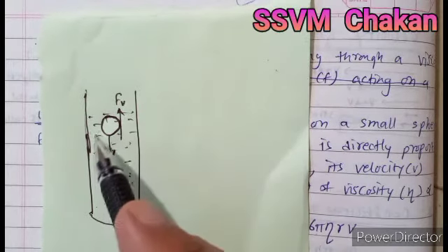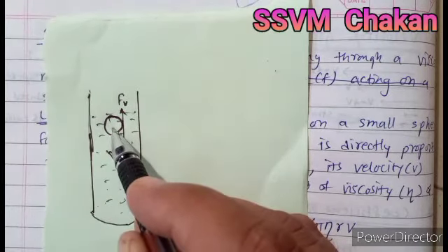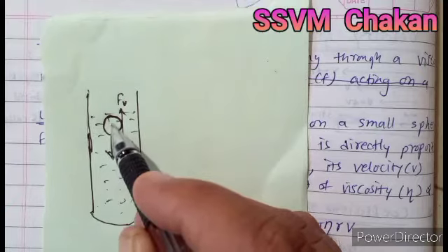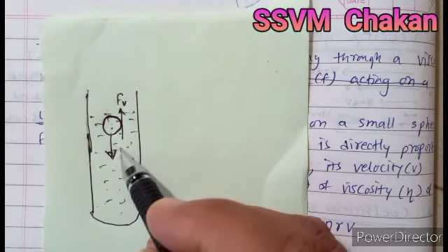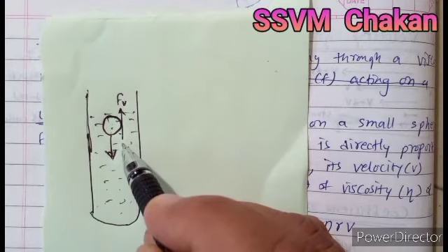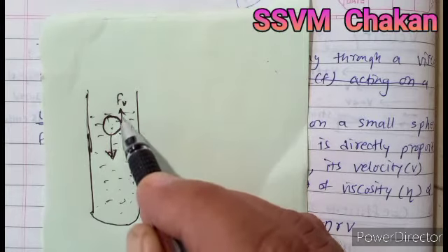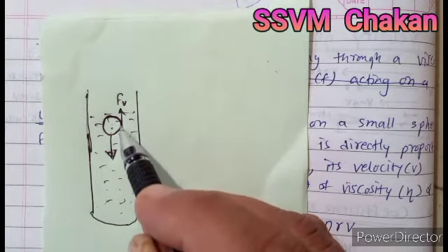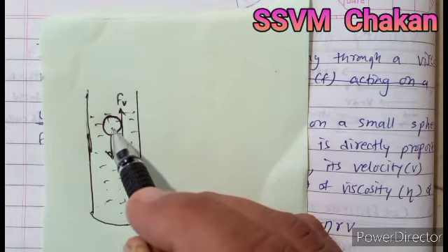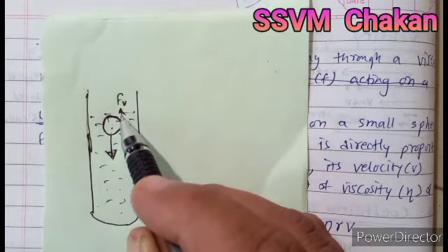If you take some fluid in a glass tube and insert a metal sphere in the fluid, that metal sphere starts moving in a downward direction, but the fluid opposes the motion of this sphere. That opposition force applied by the fluid layers on the motion of the sphere is known as the viscous force.